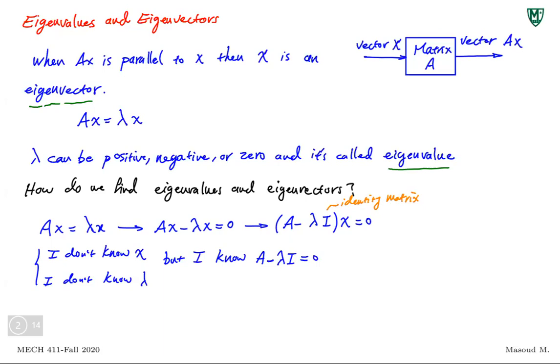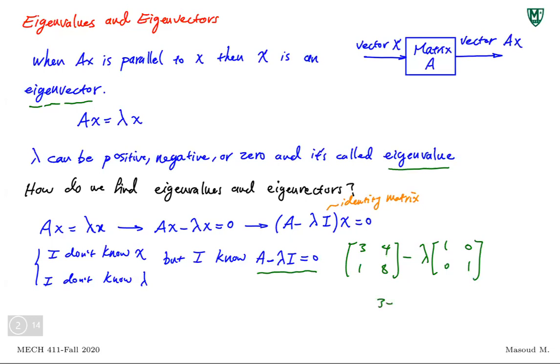Now, keep in mind that this A minus lambda I is a matrix. As an example, let's say A is the matrix 3, 4, 1, 8. Minus lambda, just being a constant, times I, the identity matrix, 1, 1, for a 2 by 2 matrix.